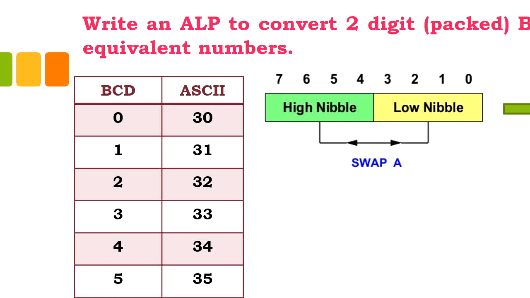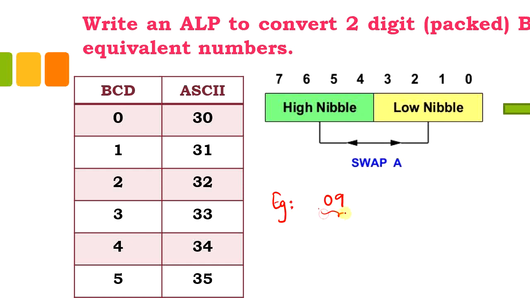Now, in this case, you are going to consider 2-digit packed BCD numbers. So, consider the example of a 2-digit packed BCD number. So this is a 2-digit number. We are going to first unpack this.